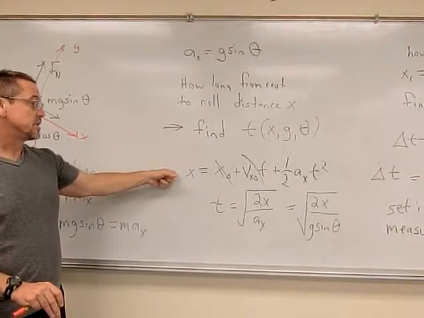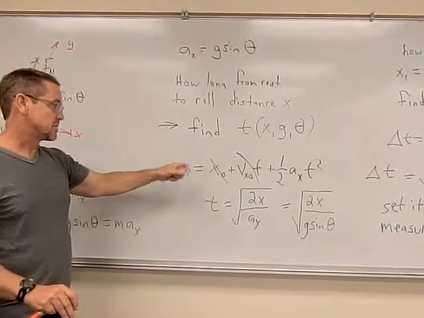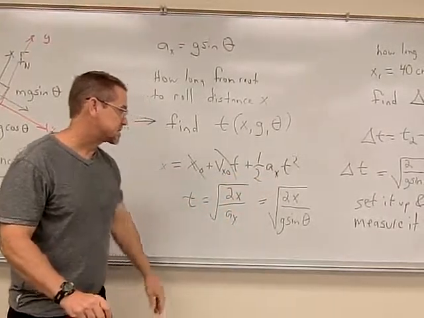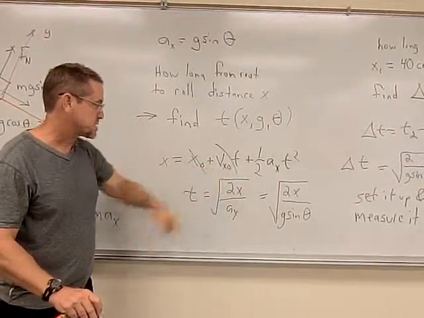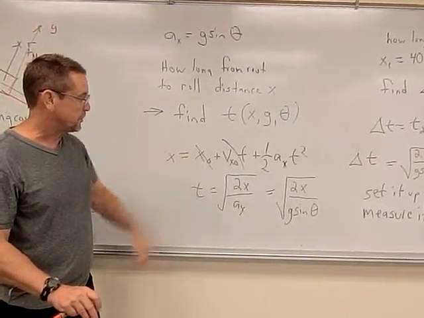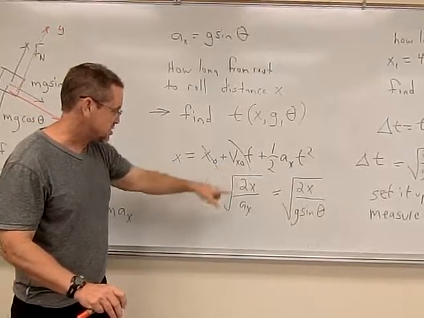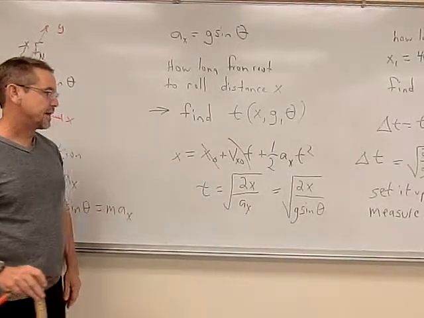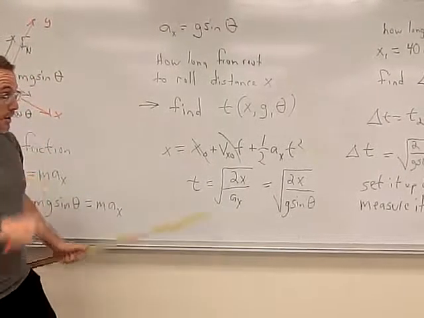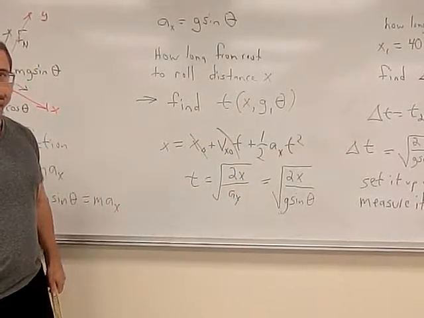The solution comes from what I call equation number 1: x equals x naught plus vx naught t plus 1/2 ax t squared. It starts from rest, so vx naught is 0. If you're clever, you let x naught be equal to 0. And so if you solve for time in this equation, you get the time is the square root of 2x over ax. If we substitute ax as g sine theta here, we get the time is the square root of 2x over g sine theta.